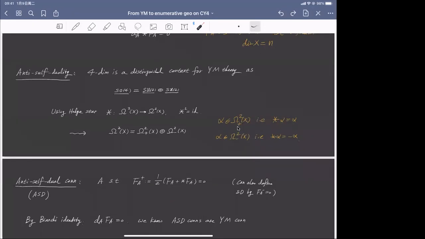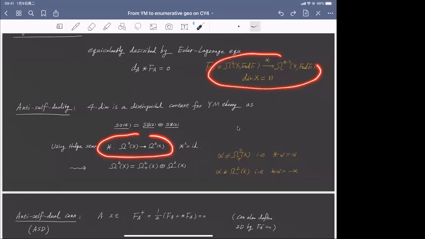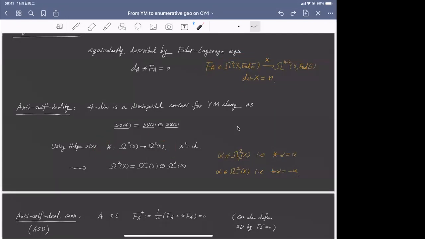Here you may be a little confused because sometimes I write this star with the bundle value and sometimes I don't. But the extension of the star operator from differential forms to bundle valued differential forms is just a standard manipulation, nothing tricky.